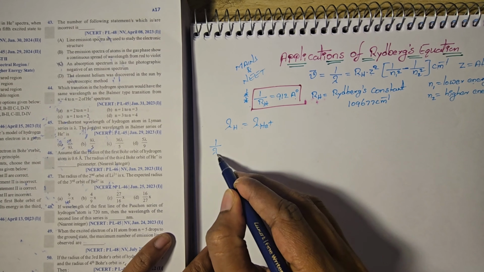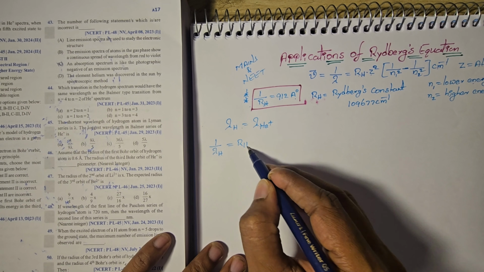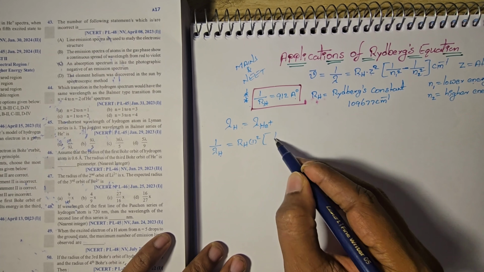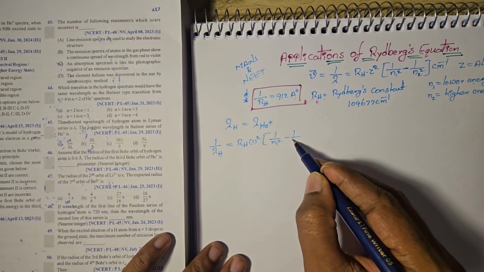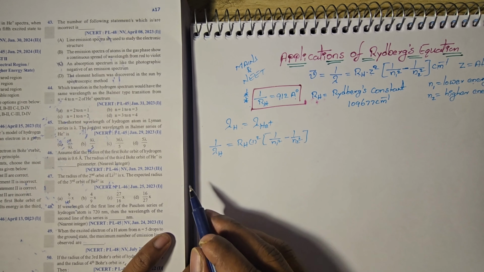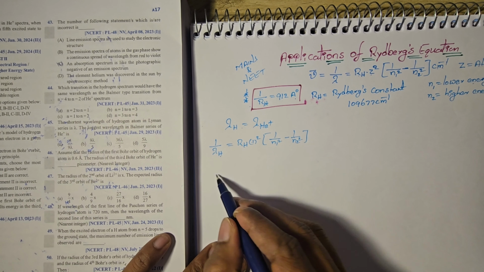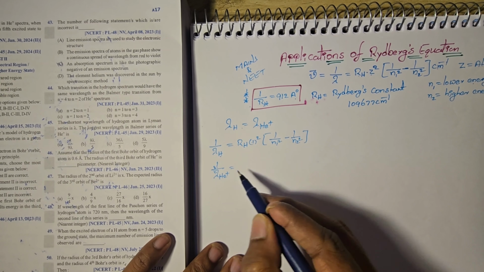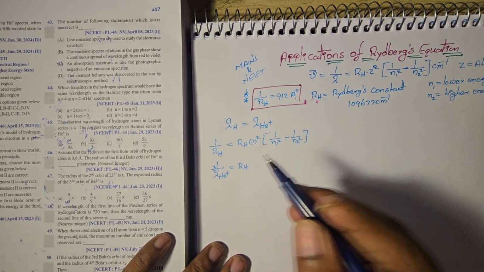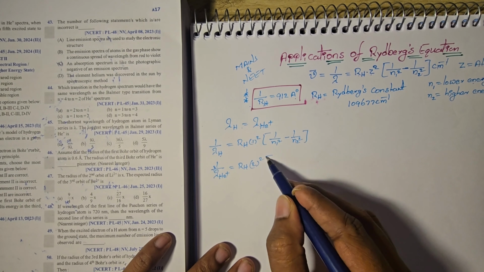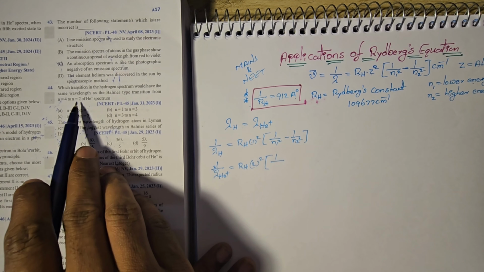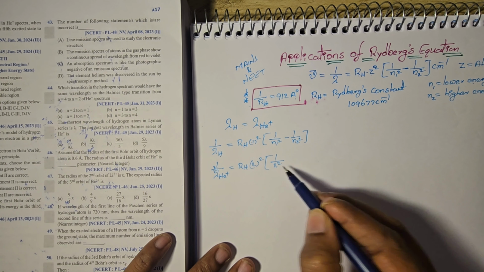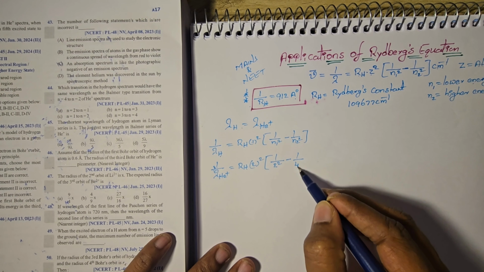1 by lambda H is equal to RH into 1 square, since hydrogen's atomic number is 1, into 1 by N1 square minus 1 by N2 square. This is the hydrogen equation. What about the helium expression? 1 by lambda helium plus is equal to RH into 2 square, since you know the helium atomic number is 2, into 1 by N1 square minus 1 by N2 square. For helium, N1 value given here is 2 and N2 value is 4, so 1 by 2 square minus 1 by 4 square.